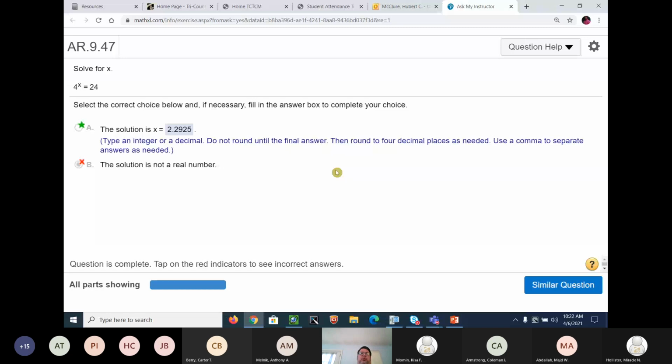Anybody know what you're going to do on both sides? Would you take the natural log of both sides? Take the log or the natural log of both sides. Good job.